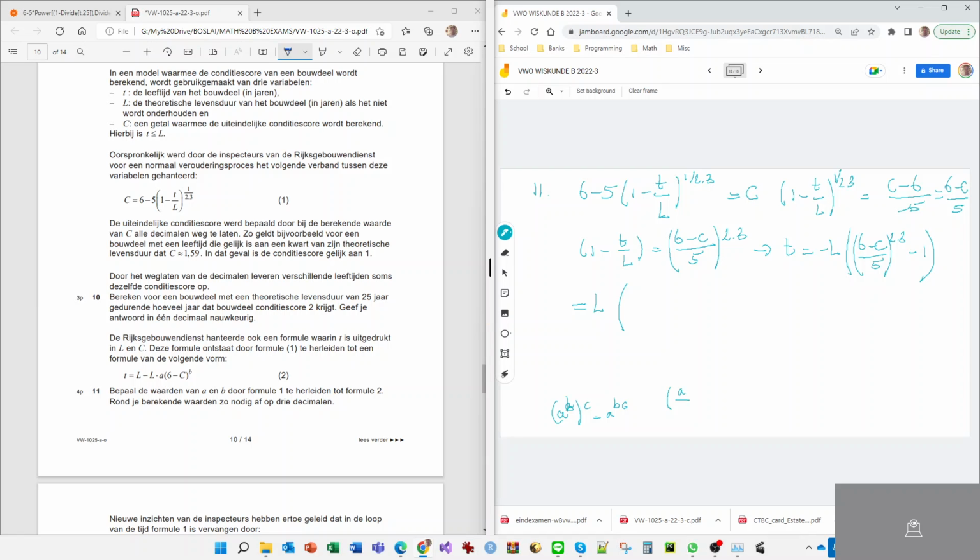So you can just use, to some power, it's just 1 over b to that power times a to the power.